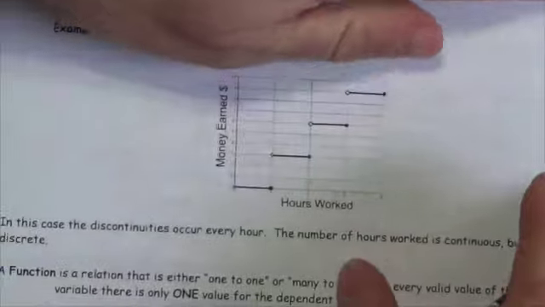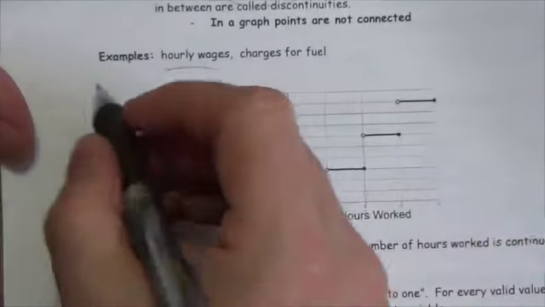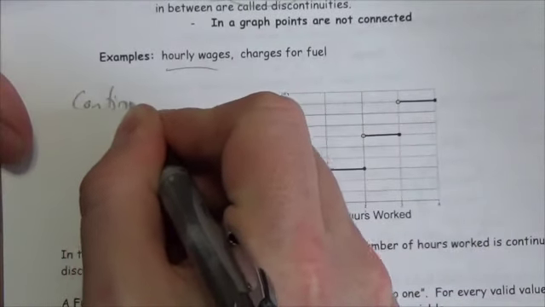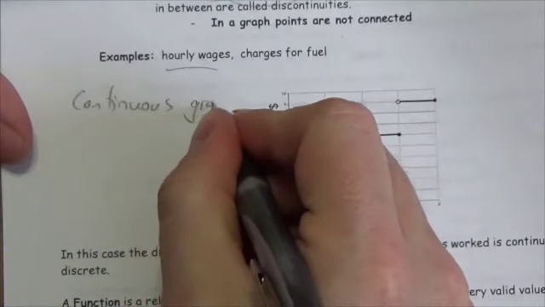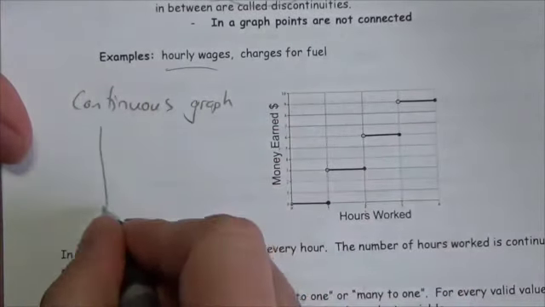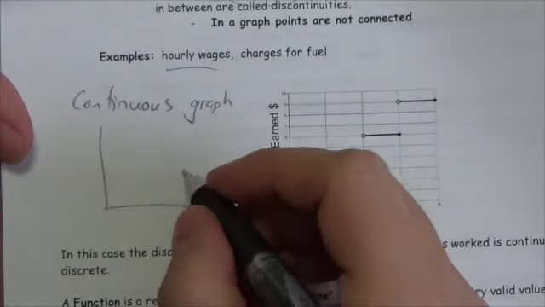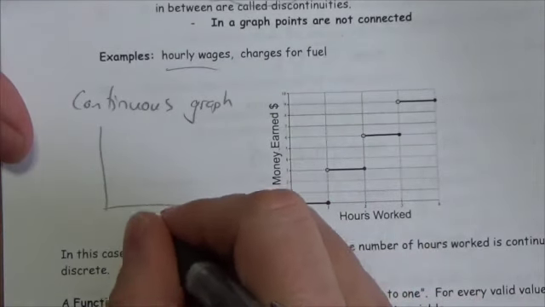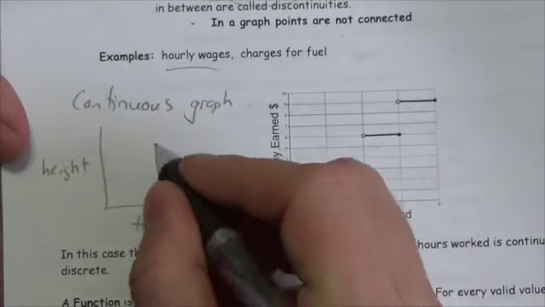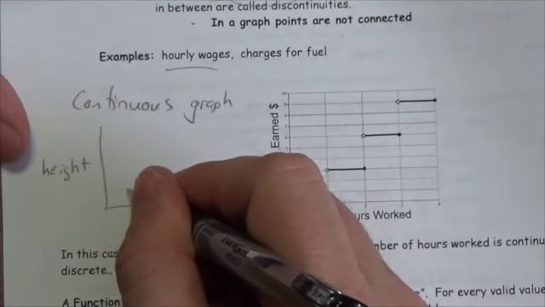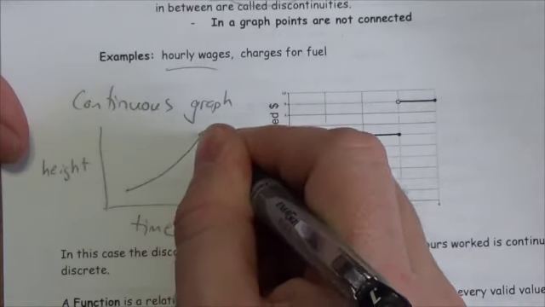So now I want to give you an idea here. Let's say you've got a continuous graph. I just want to compare these things for you here. A continuous graph might look something like this. Now maybe I'll do my example from before. Let's say this is time and you're graphing someone's height. So once again, maybe the graph goes something like this, whatever.